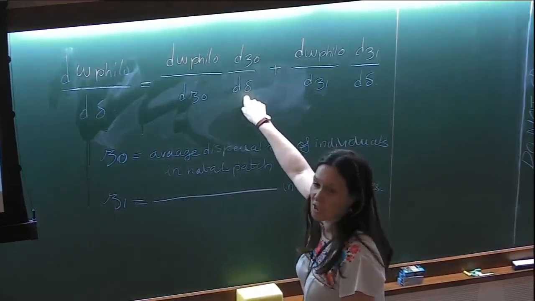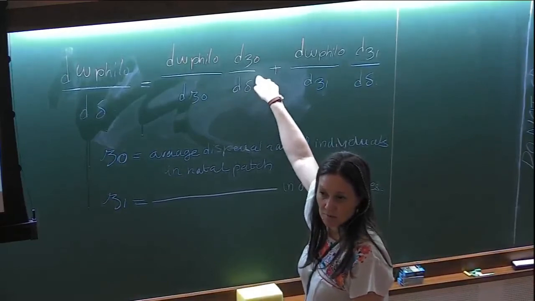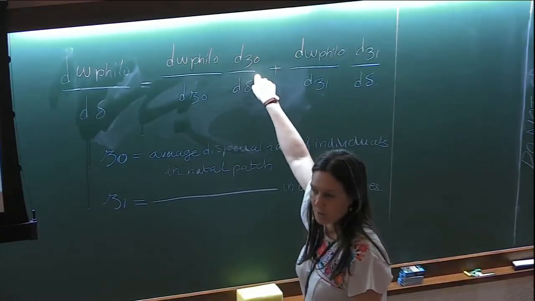Why is there a relationship between the genotype of these individuals and the phenotype of other individuals in the same patch?